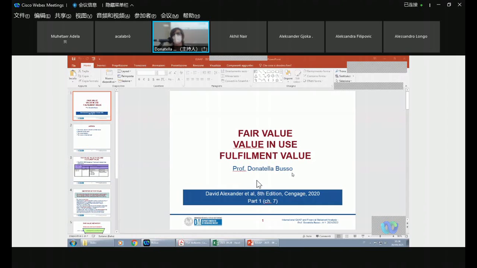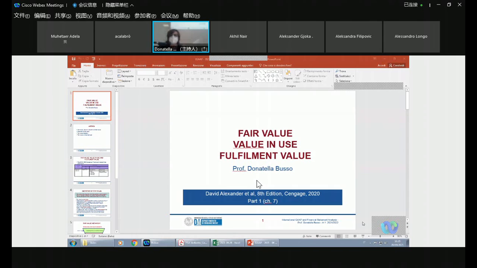This is because under IFRS, fair value is one of the possible measurement bases that it is possible to use. And so it is important to know the meaning of fair value and also the advantages and disadvantages compared to the historical cost.